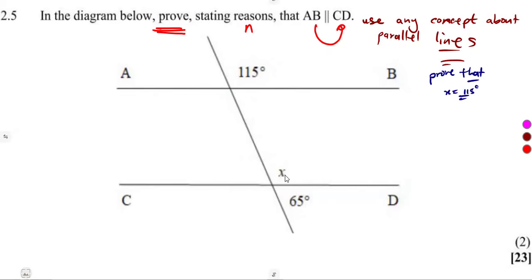So let's find x first. How can we find that x? Because we are not told that they are parallel, we must use any other way to find x. There is a straight line. Angles on a straight line add up to 180 degrees. So find x first.